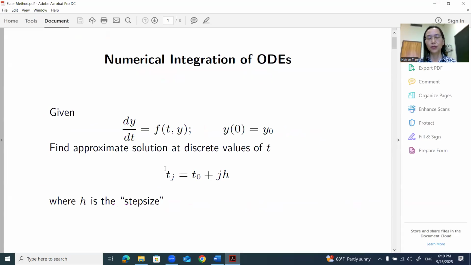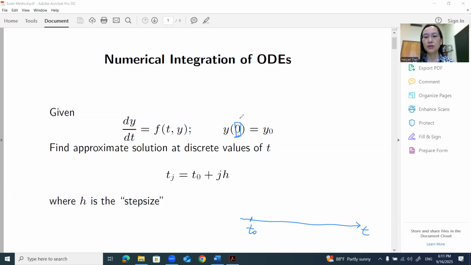we want to find approximate solutions at a number of values of t. So first, in the direction of t, we want to discretize. That is, I start with t0.